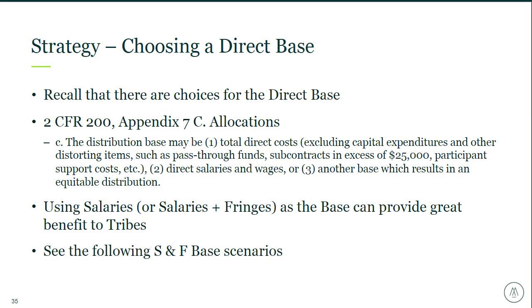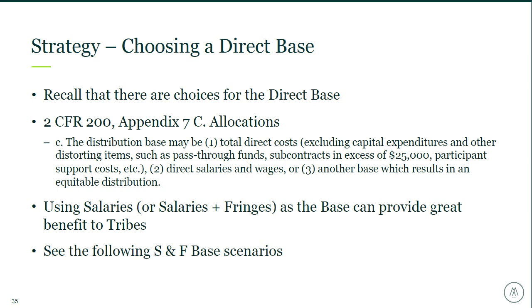Or you can use direct salary and wages or direct salary and wages and fringe. I think Tasha also touched on this. Sometimes using that salary and fringe as a base can be a benefit to the tribe. Here's why. Typically, salaries and fringe are more of a consistent expense, not counting the pandemic and the Great Resignation and Great Reshuffle and vaccine mandates that has affected a few tribes.